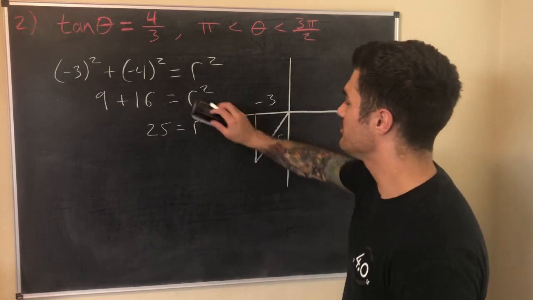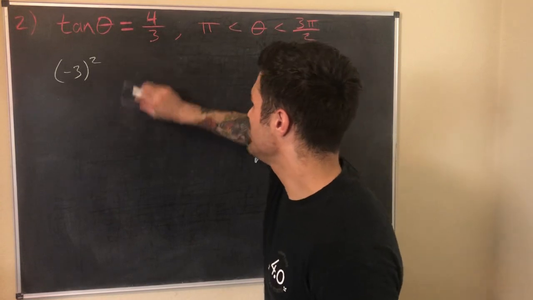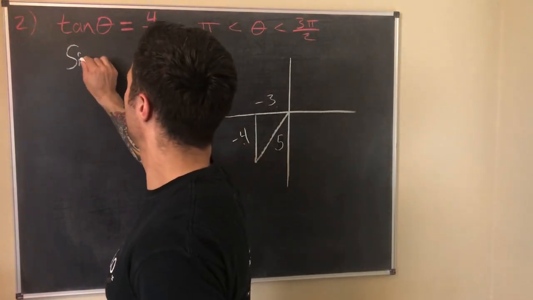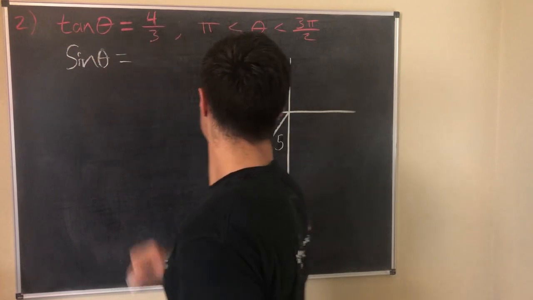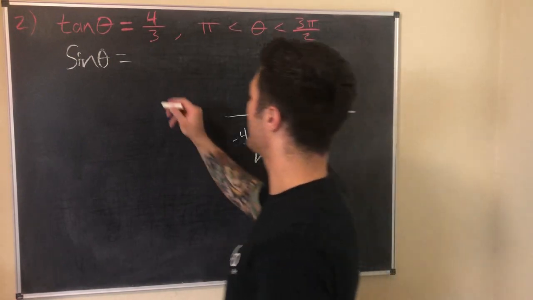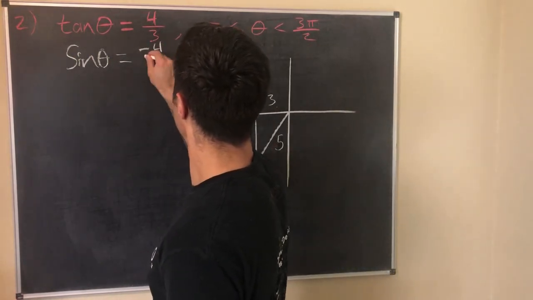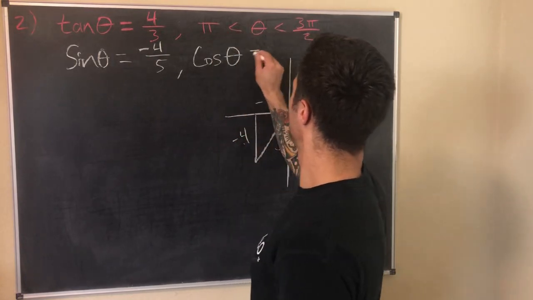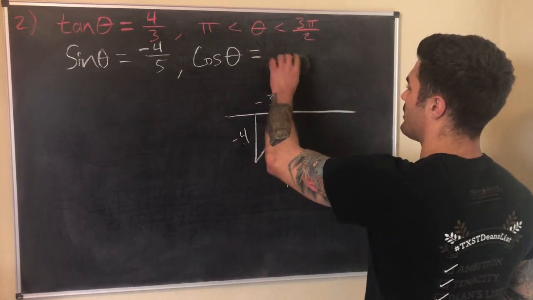So that means that our sine theta is y over r, so negative 4 over 5. And cosine theta is what?